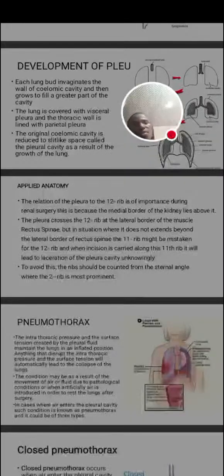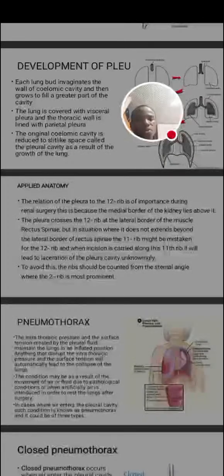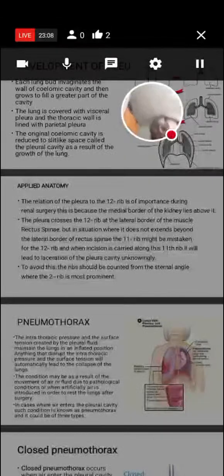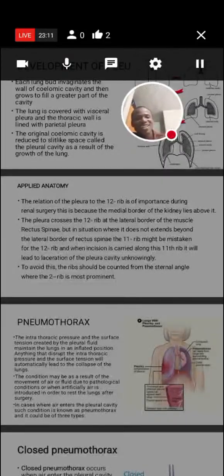So this is the sternal angle. It's something we call erector spinae. This is not really a familiar material, we are still looking at it. So what do we find?